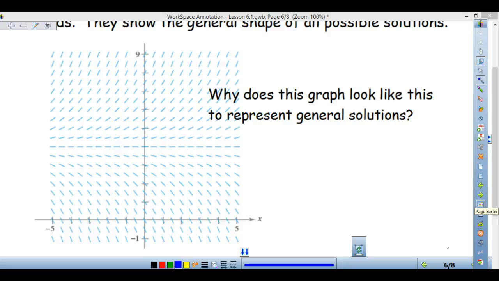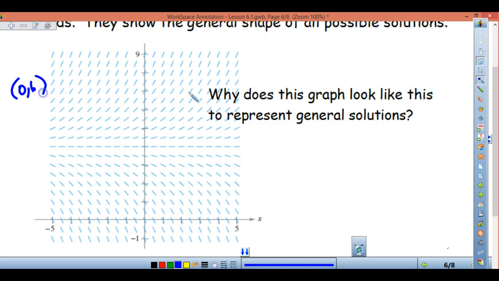So you can put a particular solution on a slope field if you know an ordered pair that the equation passes through. So for instance, let's say we knew that we had a particular solution that passed through 0, 6. So 1, 2, 3, 4, 5, 6. So then how you would sketch in a particular solution is to just follow these as little tangent lines.